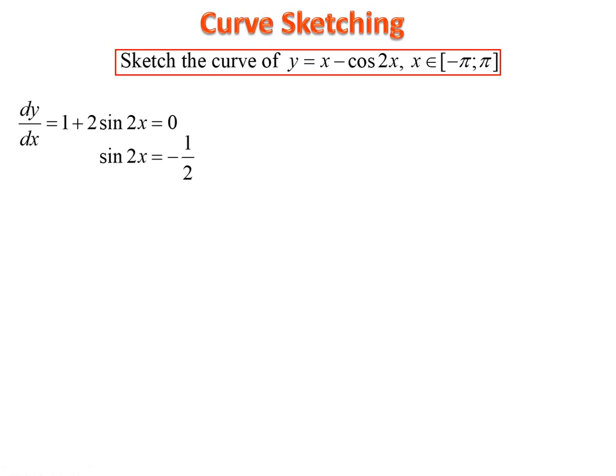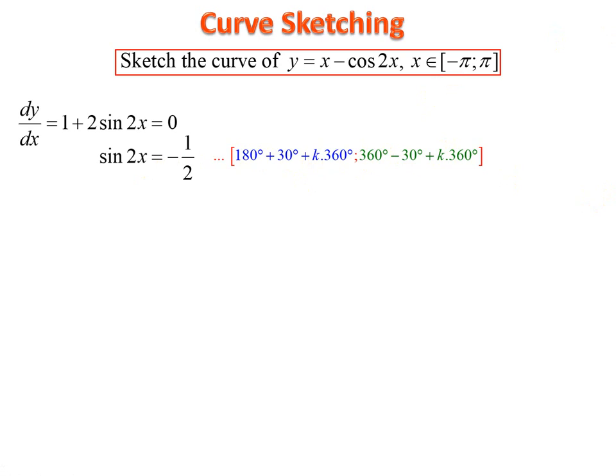So here we have a trigonometric equation. We need to do the full general solution first. So in degrees, this is going to be 180 plus 30 plus k360, 360 minus 30 plus k360 for third and fourth quadrants where sine is negative.